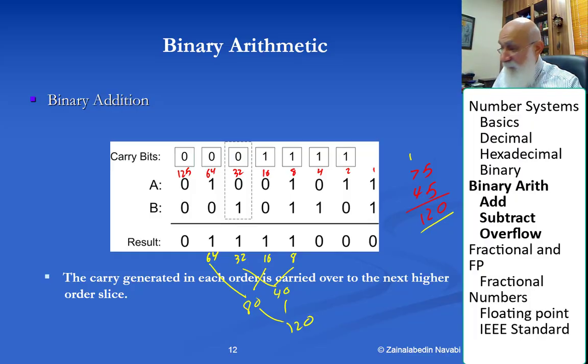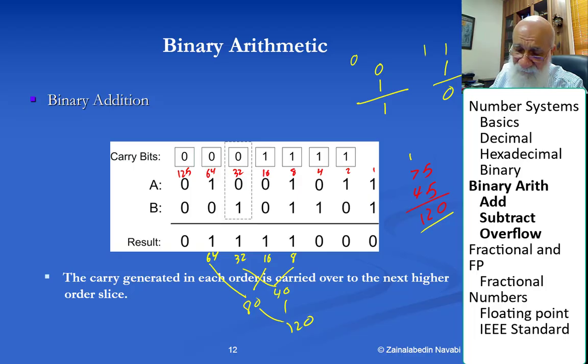That's easy for us now, but in binary we only need to remember 0 and 1 is a 1 with a carry of 0, and 1 and 1 is a 0 with a carry of 1. And if you already have a carry from the previous position, 1, 1, 1 is a 1 with a carry of 1.